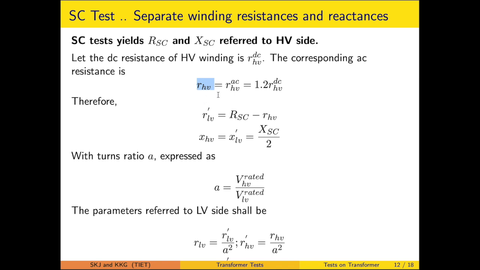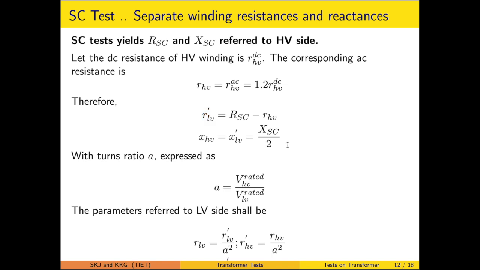Now you see that the equivalent resistance on the high voltage side will consist of RHV and the transformed low voltage side resistance. So once RHV is known, RLV dash can be evaluated as RSC minus RHV.